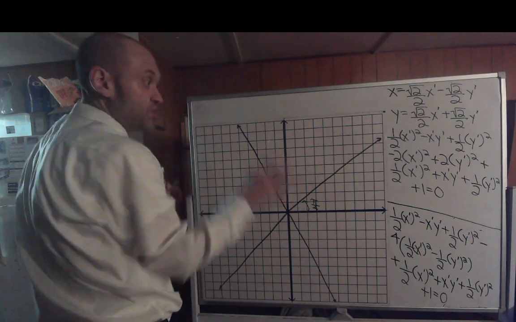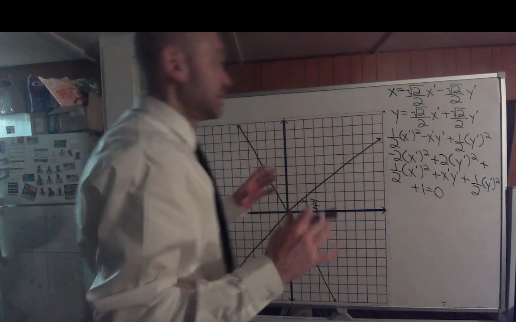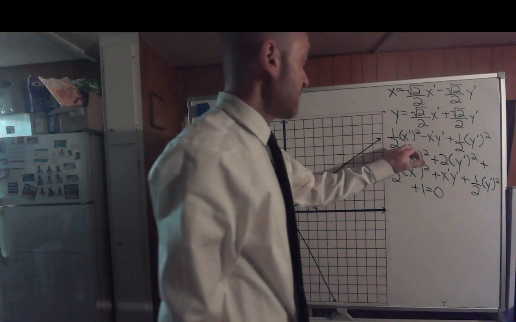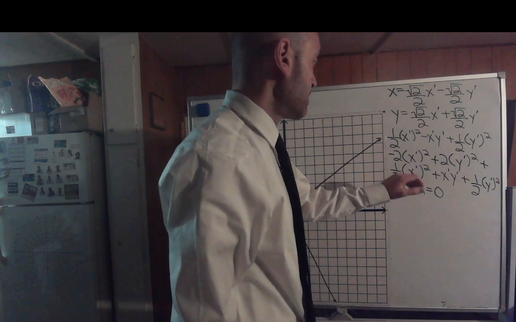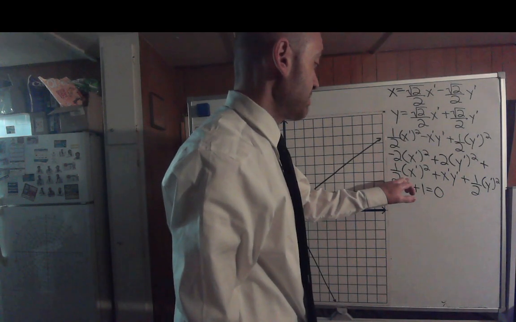So I know this just got really hideous really fast, but we're actually about done simplifying, because all we have to do now is collect like terms. So if we collect like terms, you'll end up getting 1/2 x prime squared. Then you have another plus 1/2 x prime squared.